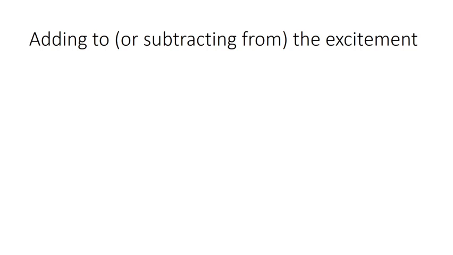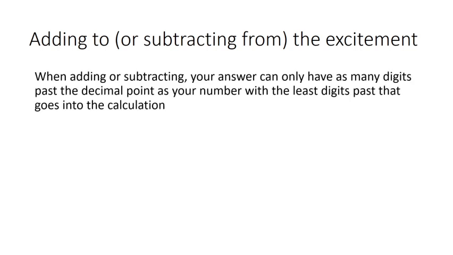So now, rules for addition and subtraction. In adding or subtracting, your answer can only have as many digits past the decimal point as your number with the least digits past the decimal that goes into the calculation. So I'll let you read that. I'll let you think about it for a second. We'll do some examples, right?